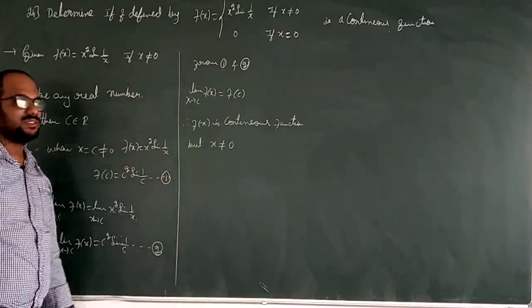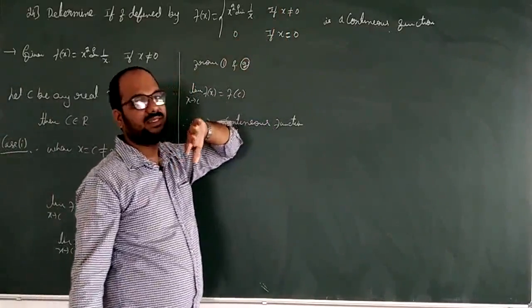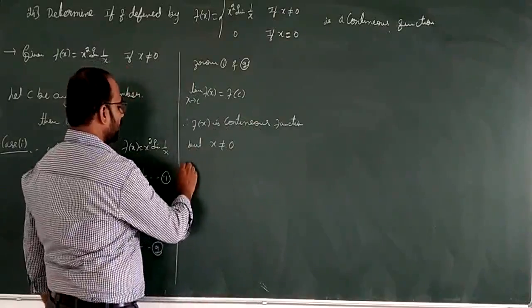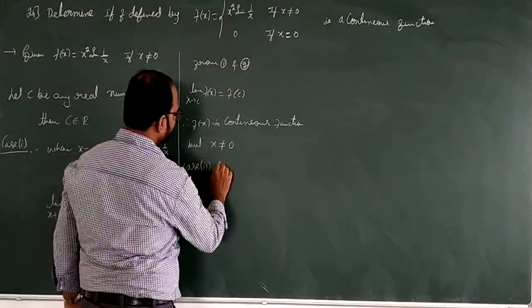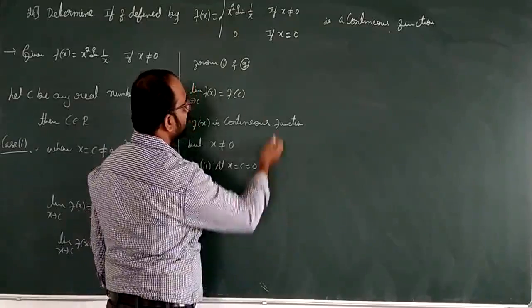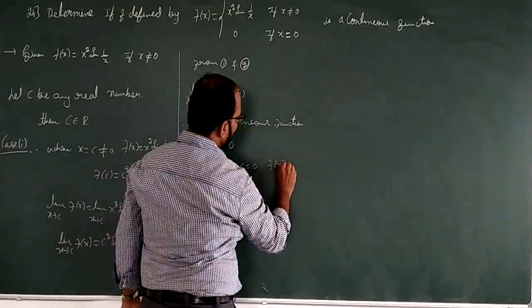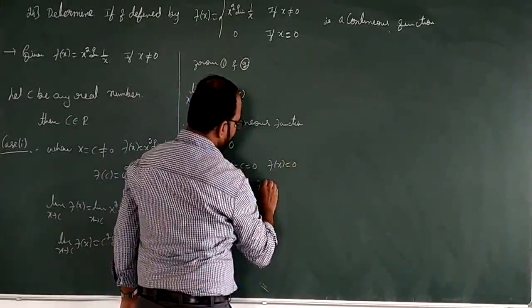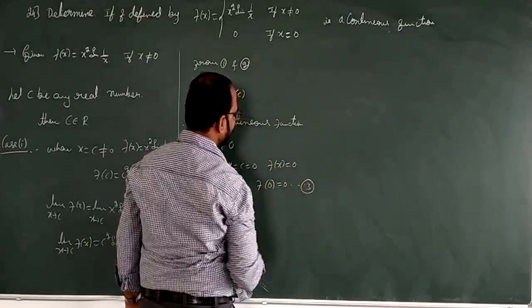It is a continuous function there. Now I check what happens at x equal to 0 in particular. Case 2: at x is equal to c is equal to 0, f of x is equal to 0, that is f of 0 is equal to 0. This is called equation 3.